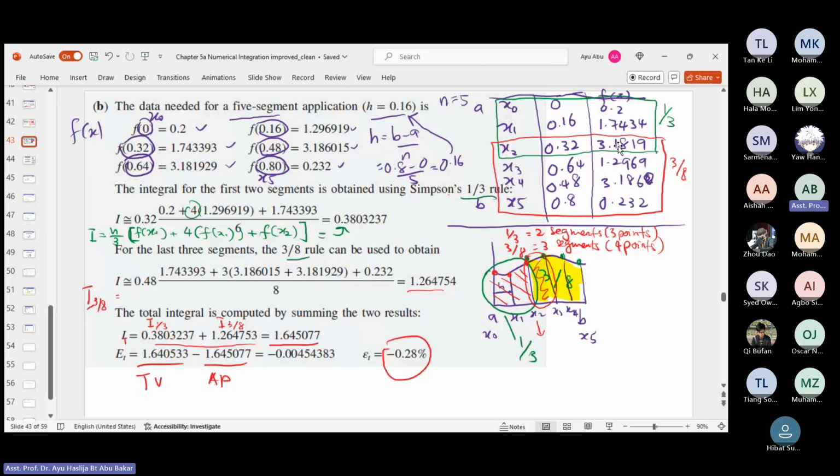From my table over here. Yes, you follow here. This is the correct value. Sorry, I copied wrongly. And you flip x3 and x4. Yes, correct, I copied wrongly. Thank you, Hala.